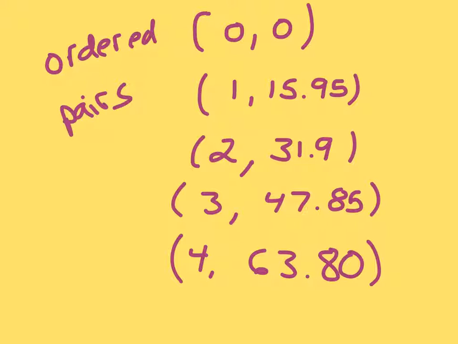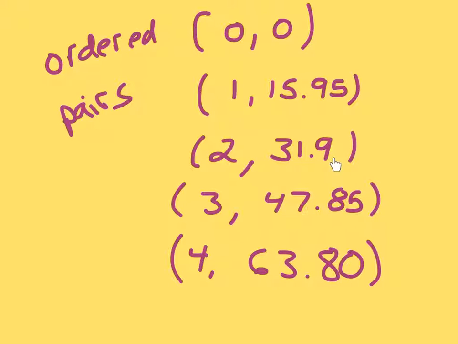Okay, now looking back at the problem, it says that it wants us to graph the function. So what I need in order to graph it is ordered pairs, and that's what I did: I put those answers that we got into ordered pairs. When we had 0 tickets, the y was 0, or $0. If we had an input of 1 ticket, the output was $15.95. When we bought 2 tickets, or had an x of 2, the cost was $31.90.